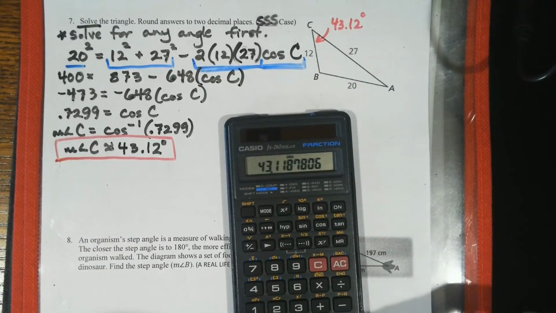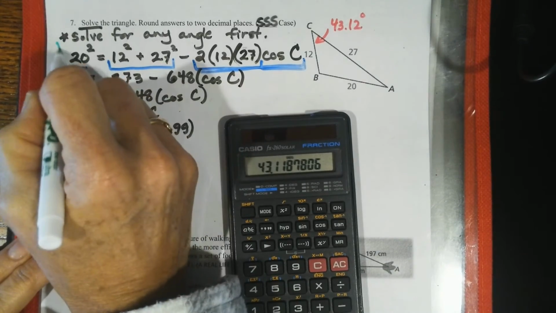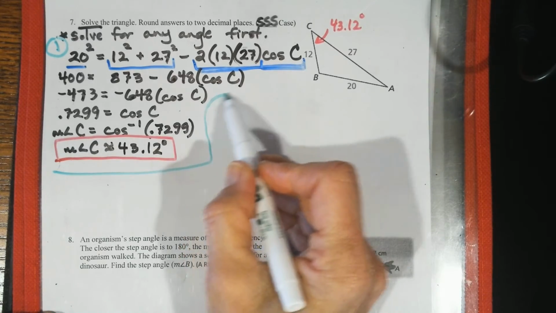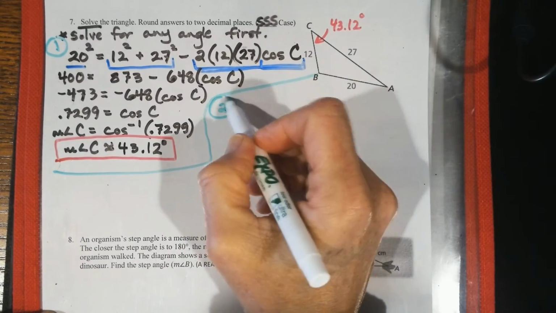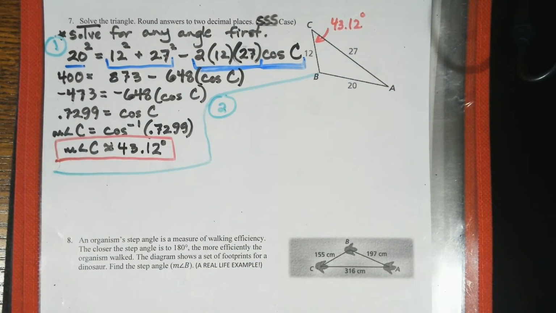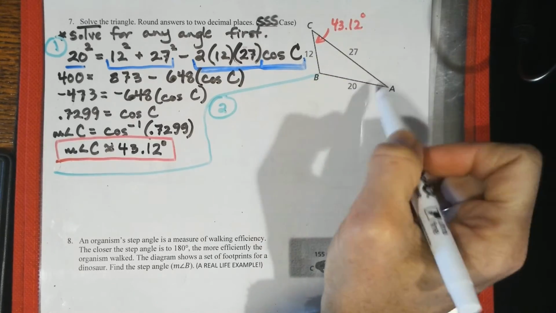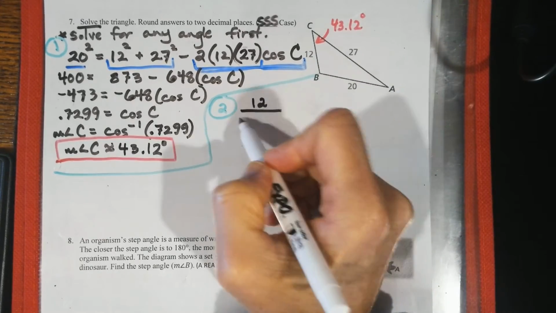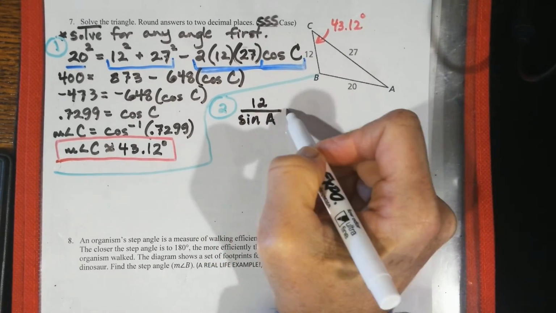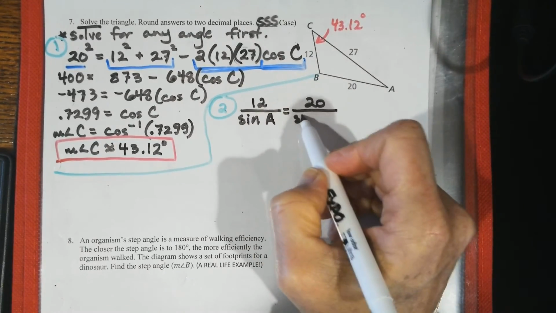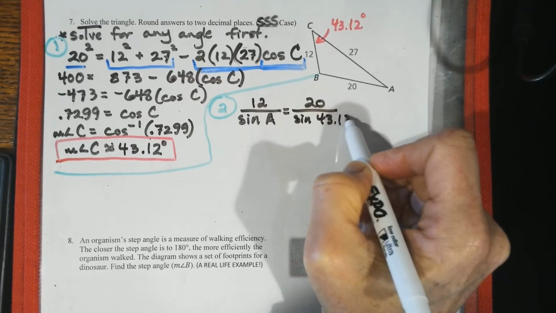Next step, so again, here would be your first step. Okay, my next step, now I'm going to solve using the law of sines. Okay, so I'm going to do 12 over sine A equals 20 over sine of 43.12.